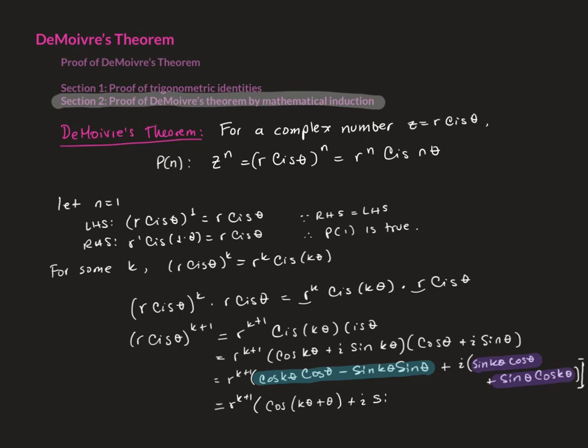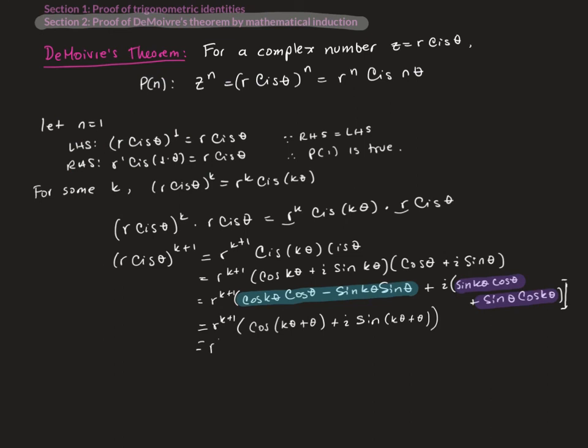So sine of k theta plus theta, and this is equal to r power k plus 1 times cosine of, and this can be written as k plus 1 theta plus i sine of k plus 1 theta, which happens to be cis of k plus 1 theta.